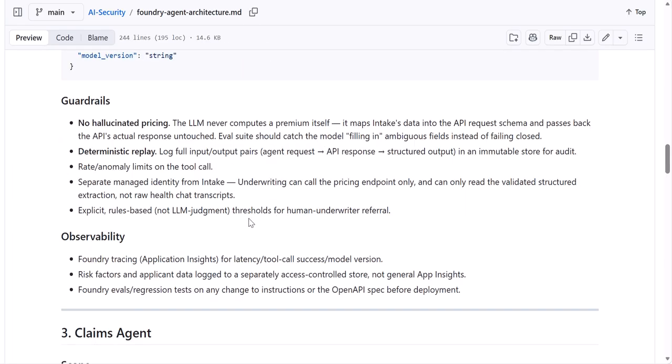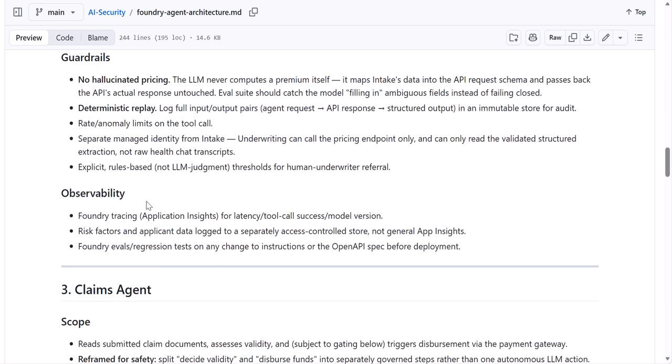A separate managed identity will be given to this agent, and there are some explicit rules and thresholds for human underwriting referrals. There is also the observability factor: Foundry tracing, risk factors, Foundry evals.